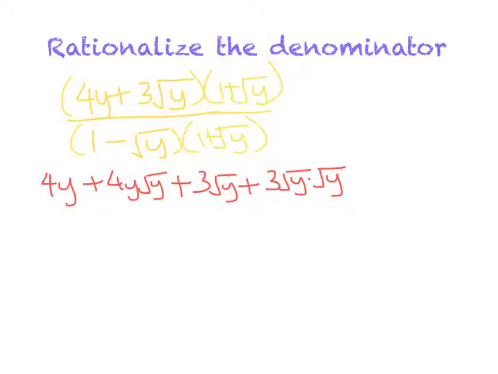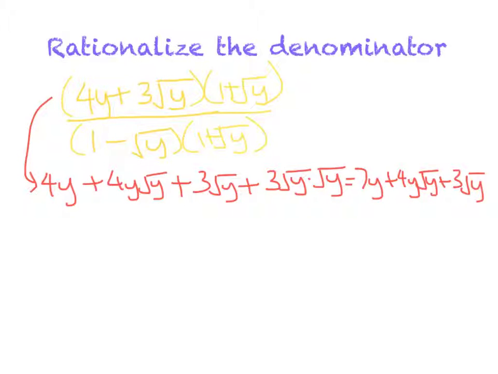And then this last term is just equal to 3y. We can combine that with the first term, 4y, and that just gives us 7y plus 4y times the square root of y plus 3 times the square root of y.